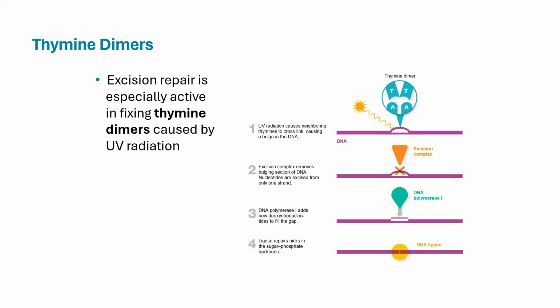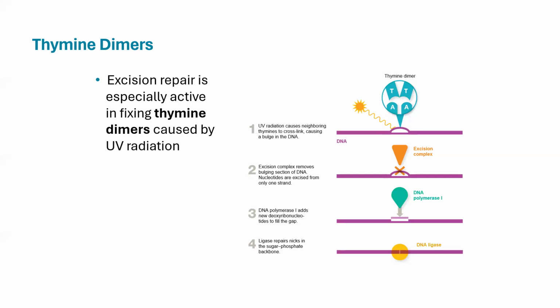And so here's a big example of a time when excision repair is necessary. When you're exposed to UV light, it can produce what's called thymine dimers, where two thymines that are next to each other in the DNA will bind together, and they produce this little bulge in the DNA strand, and that prevents accurate replication.